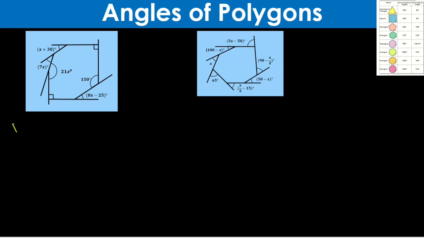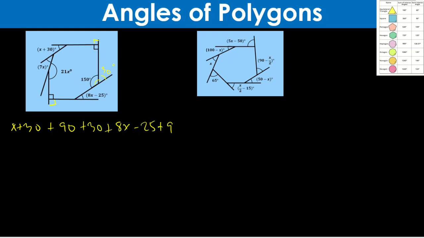We have x plus 30. Okay, this one is 90. Here it's 150. This is 180. All in all, here 180 minus 150 gives us 30 degrees. Okay, plus 30 degrees plus this exterior angle here. That's 8x minus 25. The exterior angle here is also 90.